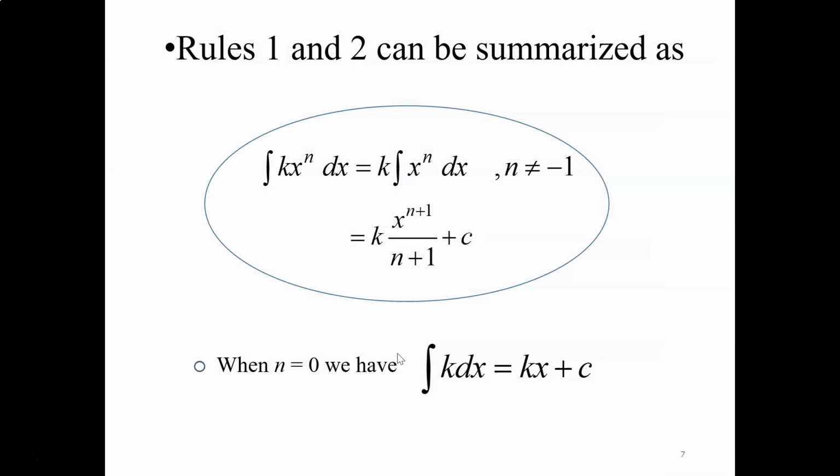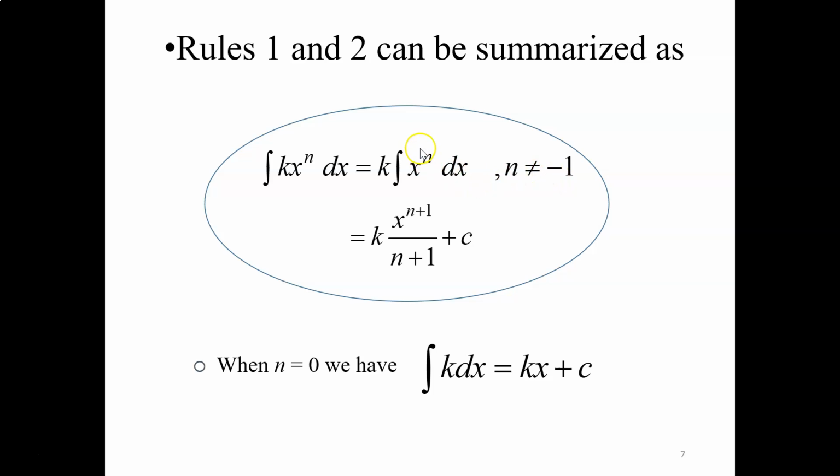Okay, rules 1 and 2 can be summarized as: the integration of kx to the power of n dx equals k times the integration of x to the power of n dx, where n must not be equal to negative 1.